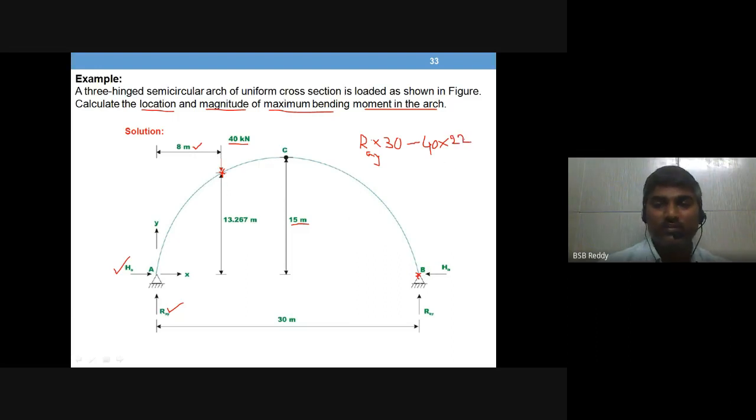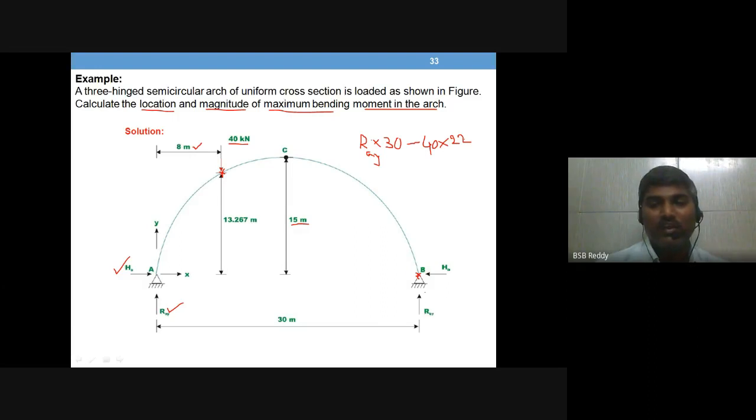So that's all. The total loads acting on the arch are 5 loads, 4 reactions and 1 applied load. Out of 5, 3 are having 0 bending moment at B. Reason?